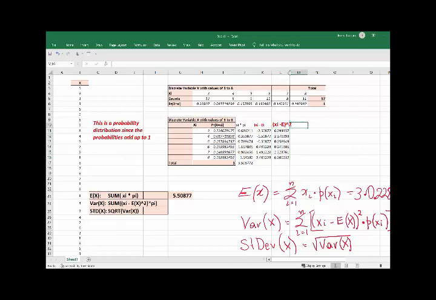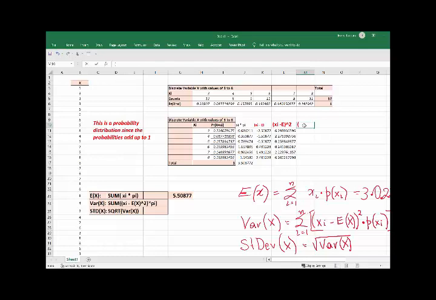So at the next step, what I want to do is take the products of (xi minus E) squared times the pi, the corresponding pi. So I do that, and let me properly write it. I want to see where are my numbers that I want to multiply.